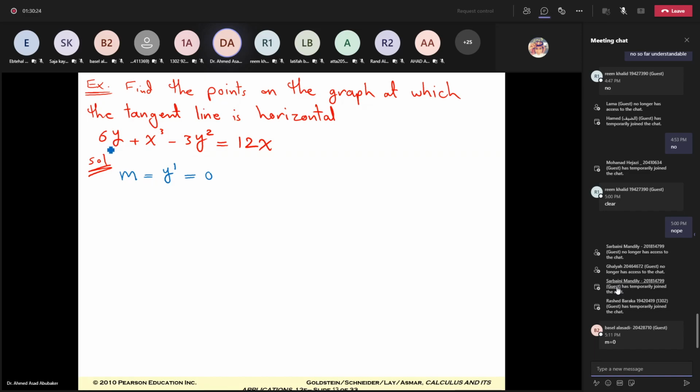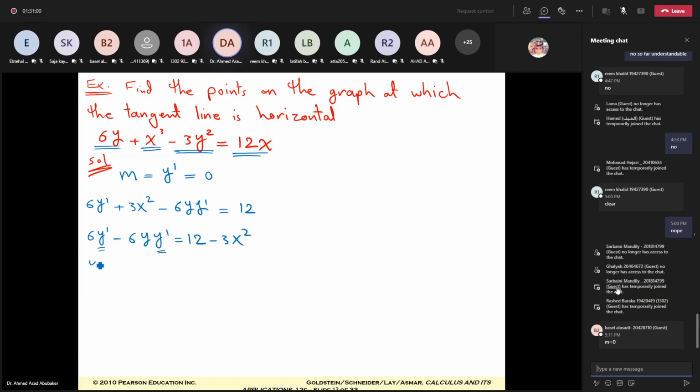For this relation, the derivative of 6y is 6y prime, the derivative of x to the power 3 is 3x squared, the derivative of negative 3y squared is negative 6y y prime, and the derivative of 12x is 12. So 6y prime minus 6y y prime equals 12 minus 3x squared.